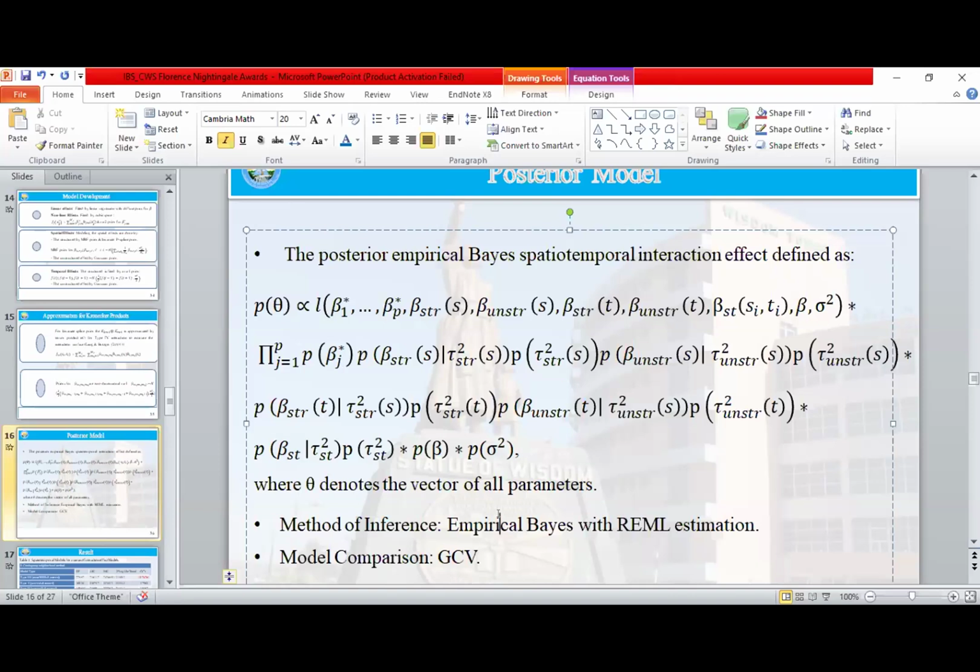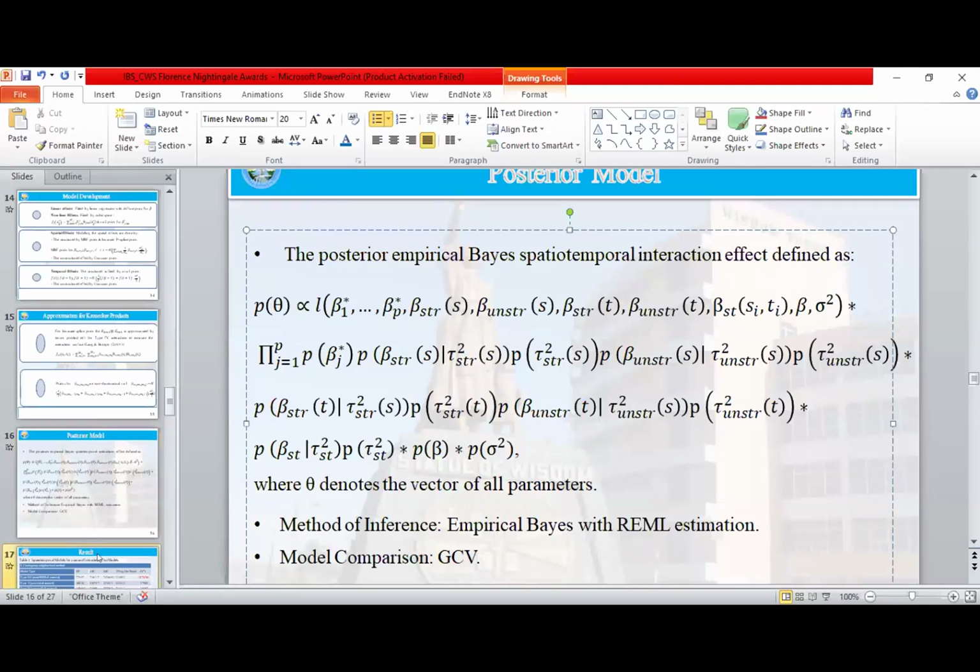The estimation technique we use is empirical Bayes for fast convergence, and REML for minimum variance in the random effect, since it uses Gauss-Markov. And after modeling, we compare using GCV.